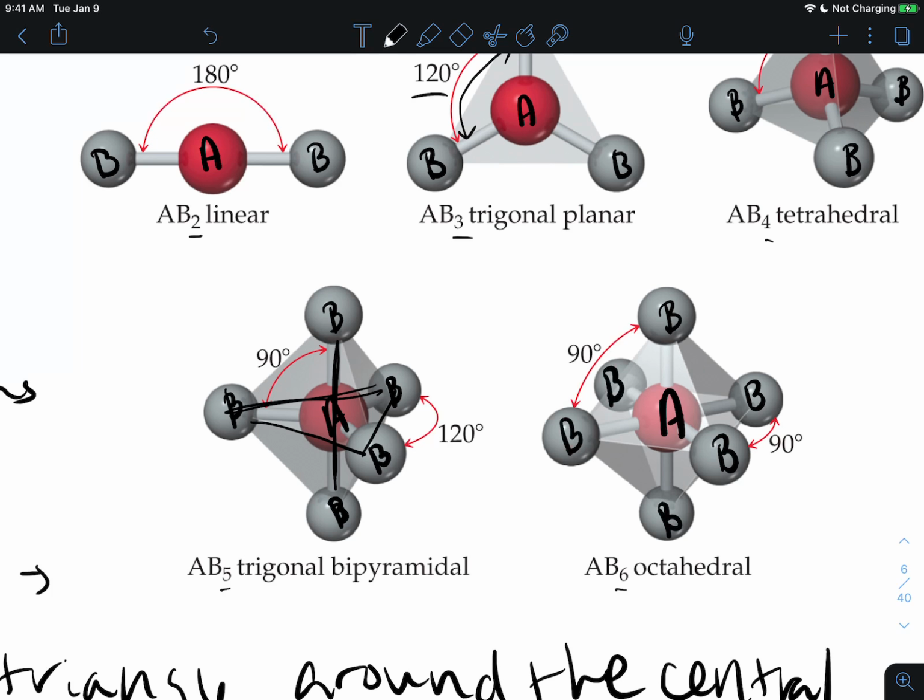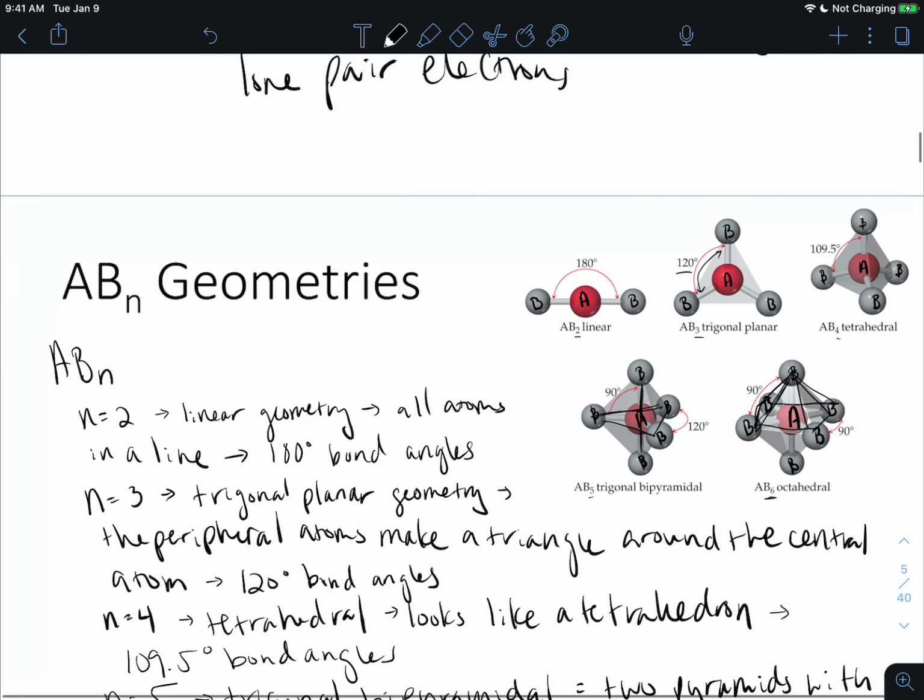So it's called octahedral, not because of the 6, it's because of the shape itself. We have an 8-sided shape. On each side, we have 1, 2, 3, 4 sides on the top, 4 sides on the bottom.